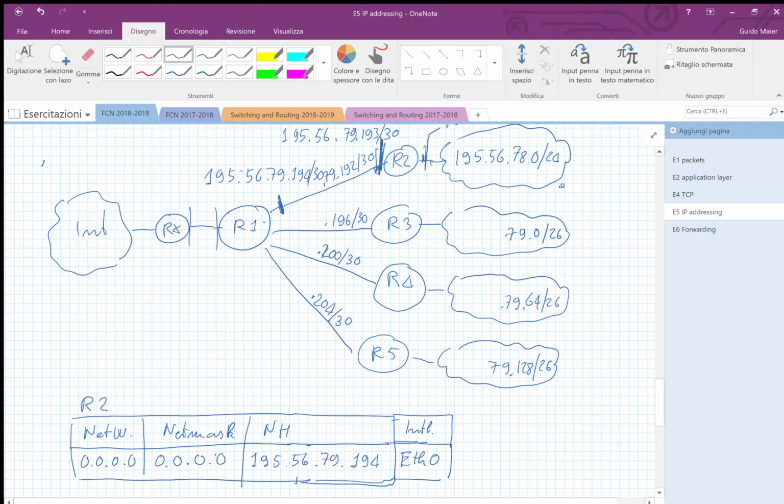Actually, I said a wrong thing. This is not even the address that you write in the IP packets, because in the IP packets there is always the final address. This is the address that is converted into the physical interface when the router is doing the forwarding. Okay.